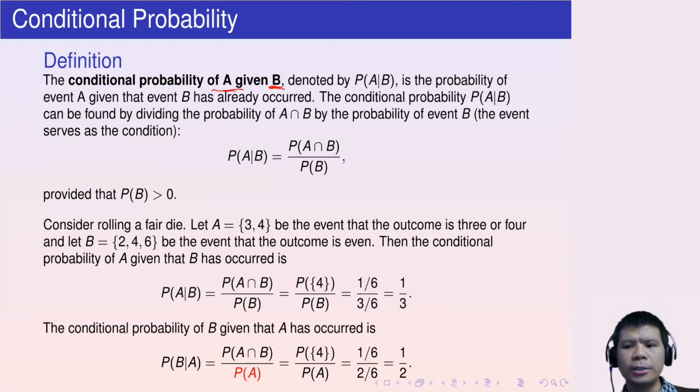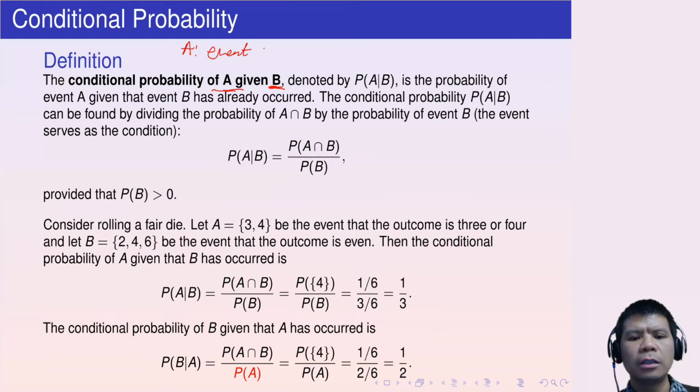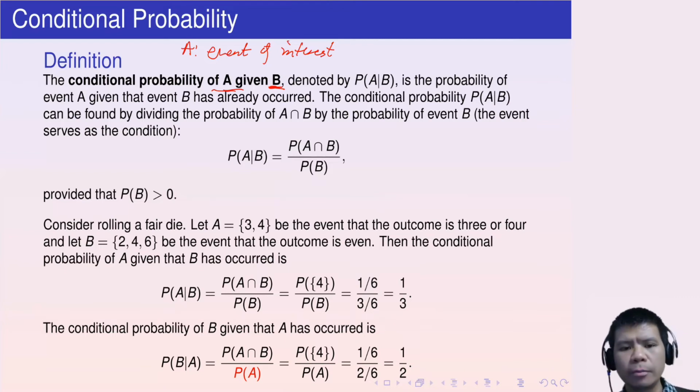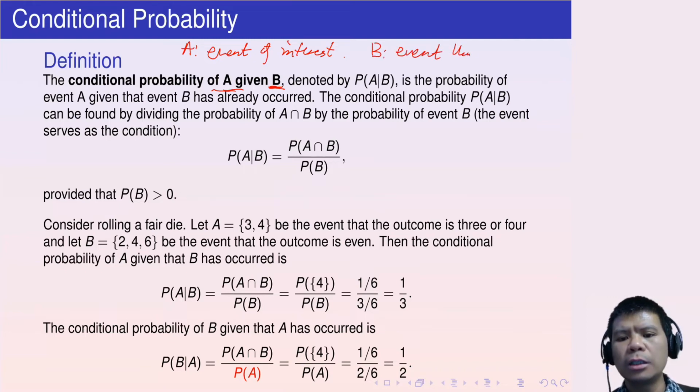One event is the event of interest, here A, so we are trying to find the probability of A. However, this probability is under a condition, B. So B is the event that serves as the condition.